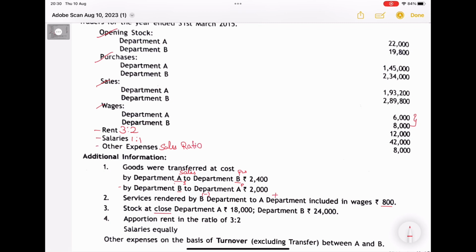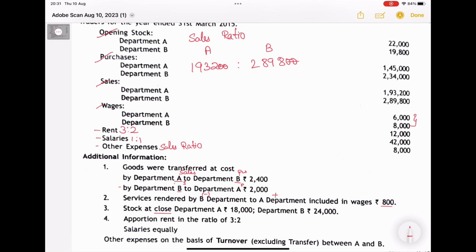They have not mentioned the sales ratio, so we are going to calculate it now. Sales ratio for department A is 1,93,200 and for B 2,89,800. Two zeros get cancelled.